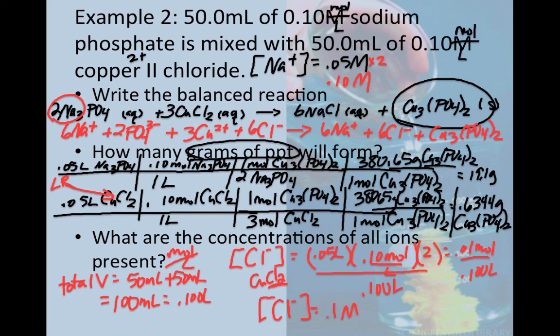So let's keep track of that up here. Chloride ion concentration is 0.10 molar. Okay, last one is the phosphate. So we have to do an excess reagent problem.